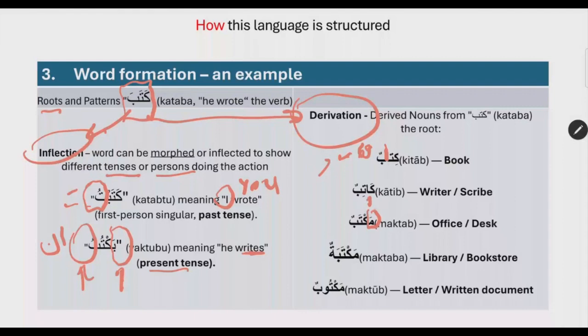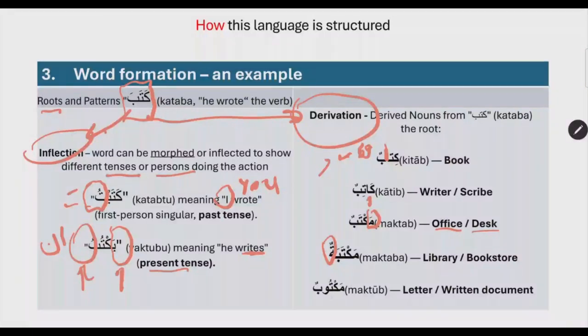A maktaba with a female form at the end, the ta marbuta, means a library or a bookstore. Also has to do with the element of the verb write or the root to write. And then maktub is something that is written, which is like a letter, right? So maktub could be another derivative of the root kataba.